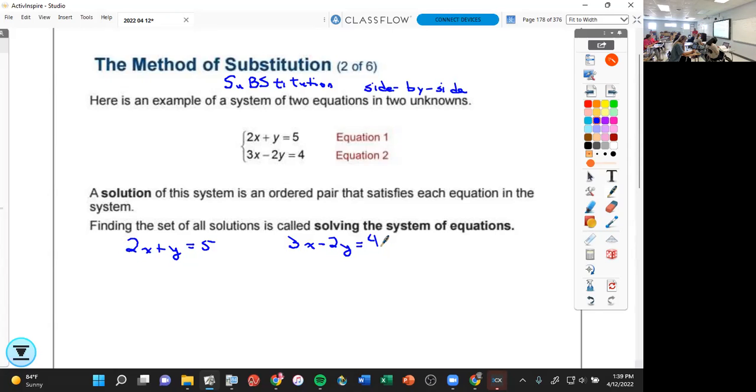Which variable would be the easiest to get by itself? Y, because it's going to make it easy to solve the equation once you get a variable by itself.